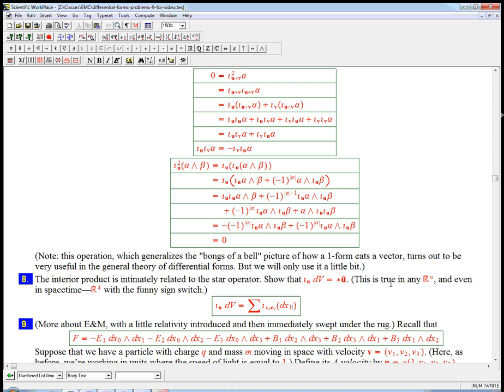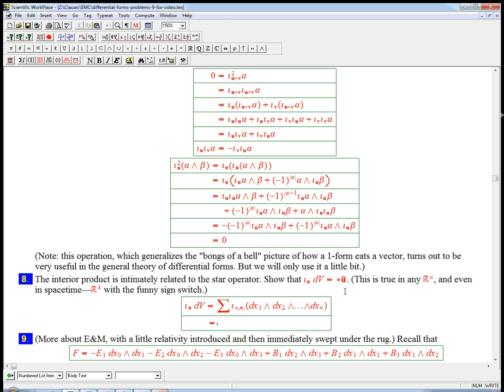Let's start it with 1s, because I want the numbers to match up. It really doesn't matter what the indices are. So dx1 wedge dot dot dot wedge dxn. Okay, it doesn't have anything to do with whether we started with 0 or if you have some sign switches or whatever. I'm going to do the case without the sign switch, and you can think about the fact that the sign switches cancel out on the right-hand side.